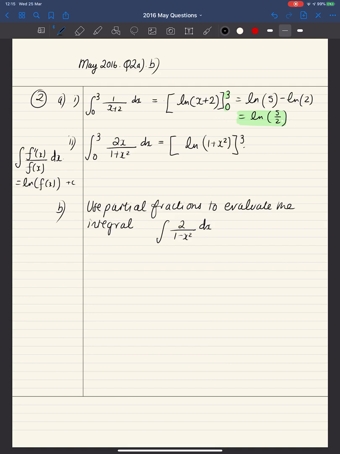Because if we differentiate this, we get 1 over 1 plus x squared, but then we've got to multiply by the derivative of the bracket, which is 2x. So this is going to be ln of 1 plus 9 minus ln of 1 plus nothing. Ln of 1 is nothing. So the answer to this one is just ln 10.